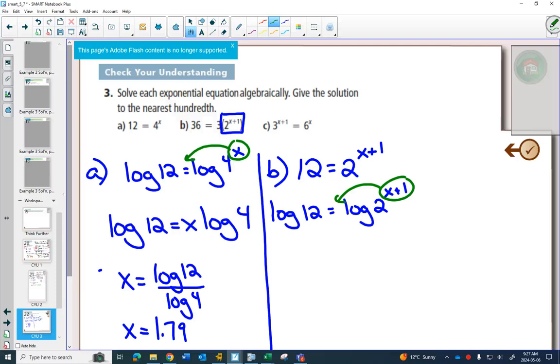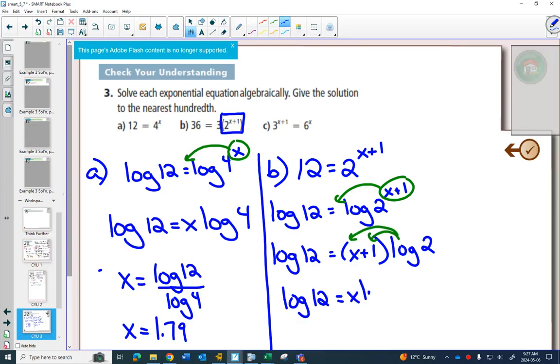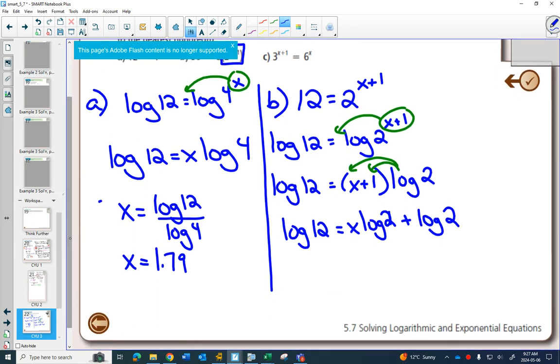Like 1 mark is easy, just taking the log of both sides. Now, bringing the exponent out in front on the exam, that's another mark. Make sure it's in brackets because it's a binomial. Log of 2 is a number, so you can distribute it. Move the log 2 to the other side, so my x is by itself.